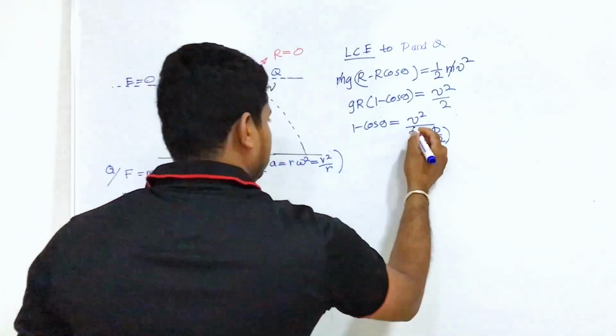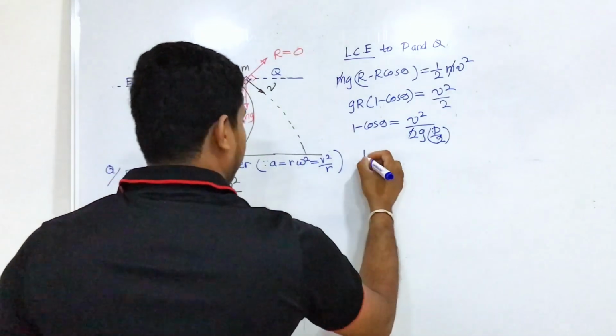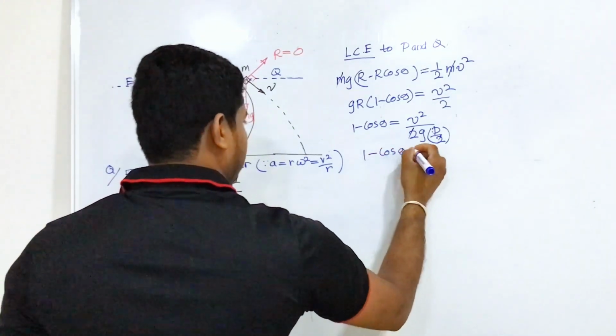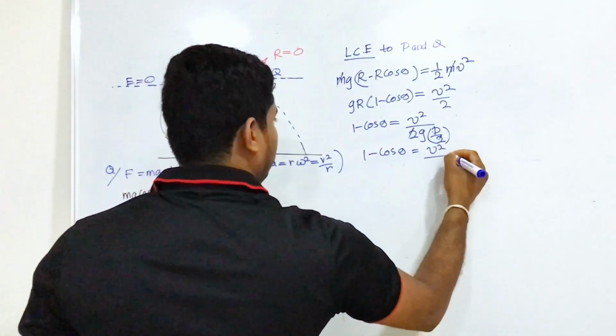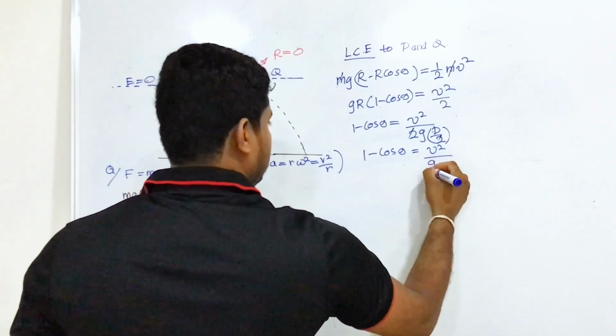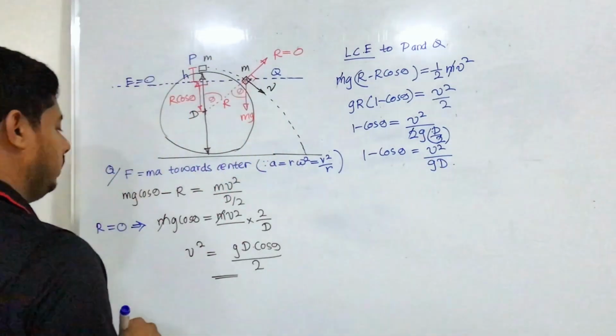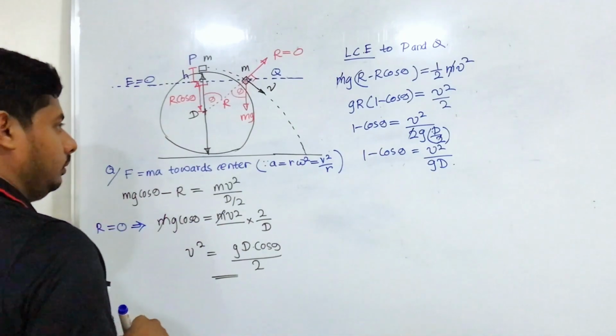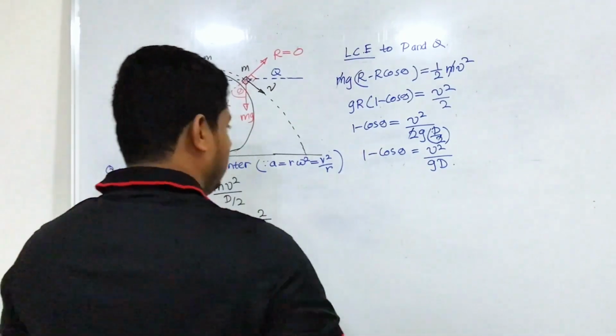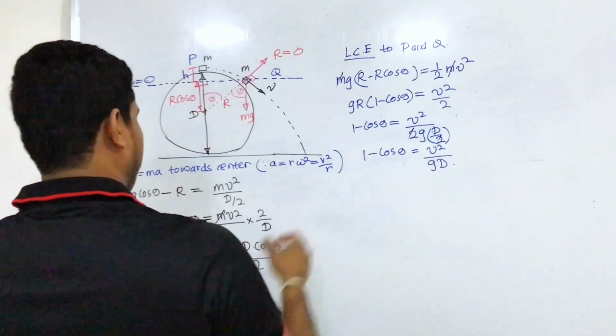Right? Here 2 cancels out. Here I get 1 minus cos theta is equal to v squared over gd.